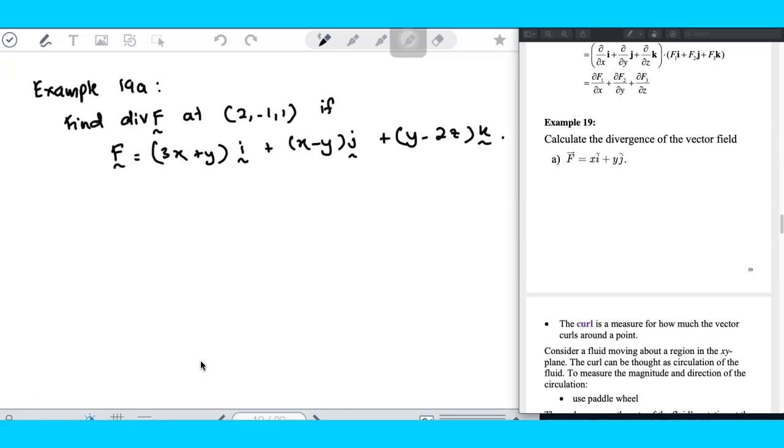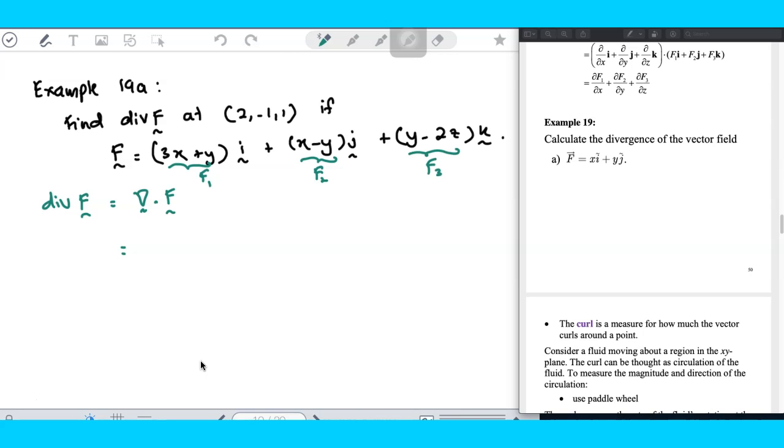Okay, so to answer this, we know that divergence of f is grad dot f, which means that, let's say this one I give the name f1, this one is f2, and this one is f3.